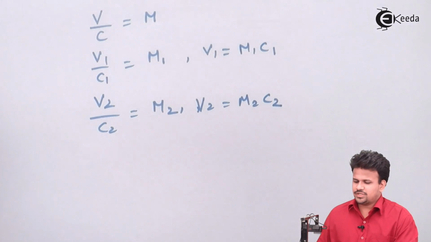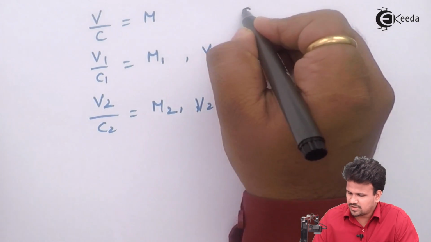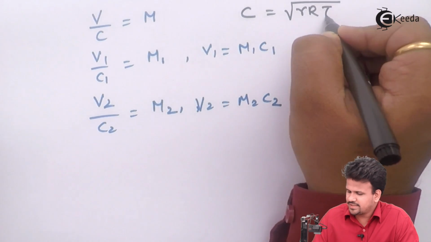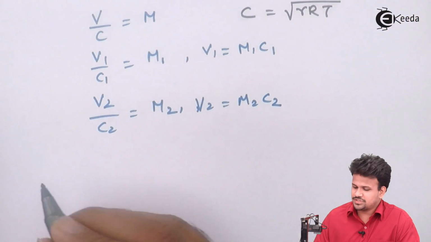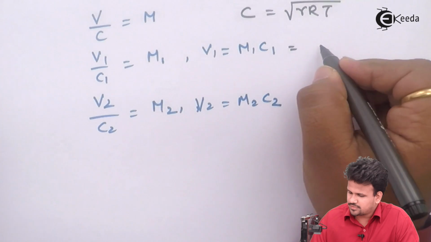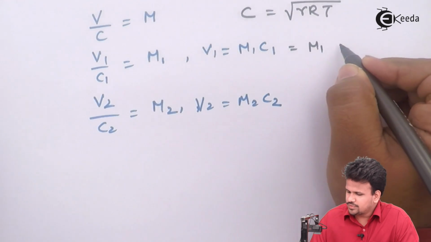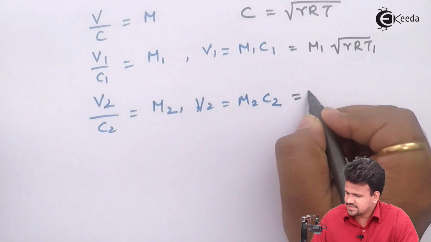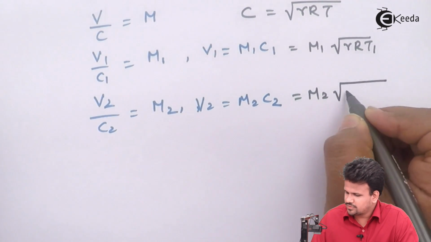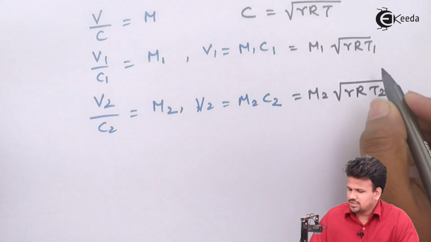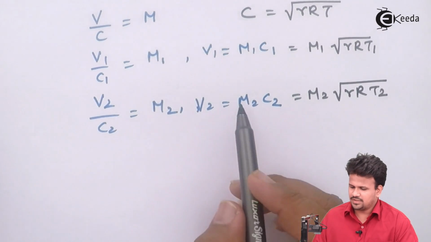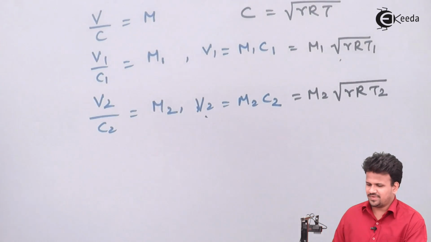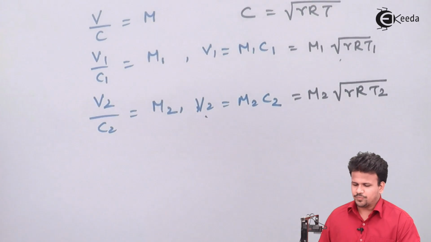Now by the definition of velocity of sound, that is equal to square root of gamma RT, we have studied in the previous sections. So we can write this as M1 into square root of gamma RT1, and this is M2 into square root of gamma RT2. So this is the value of V1 and V2 in terms of Mach numbers M1 and M2.